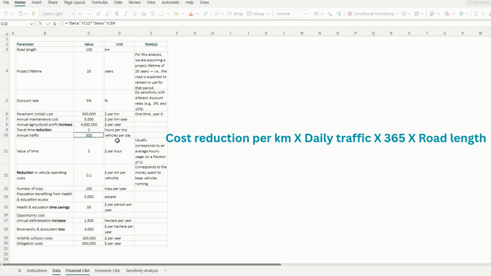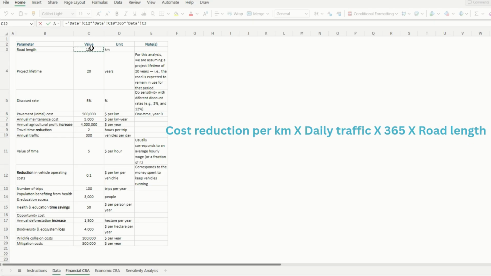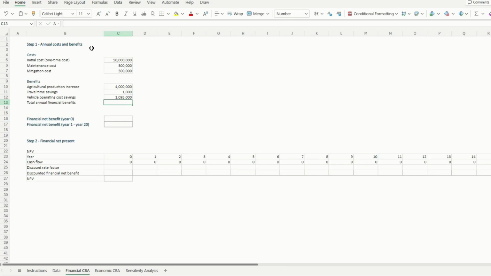And note that here we have vehicles per day, but we are calculating an annual value, so we need to multiply this value by 365. So 365 times the road length. Now, a note. In reality, traffic varies by season, by weekday, even by time of day, and paving might increase traffic in the future. But for simplicity, we are assuming constant traffic here.